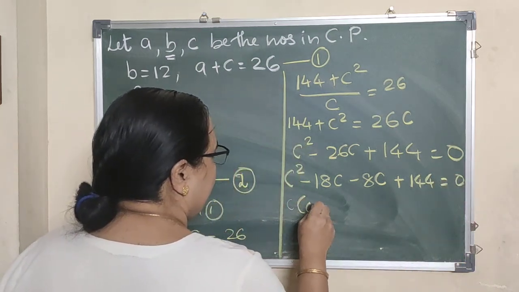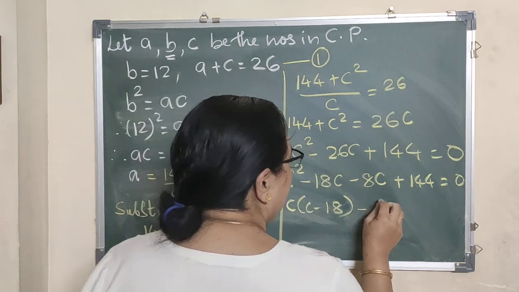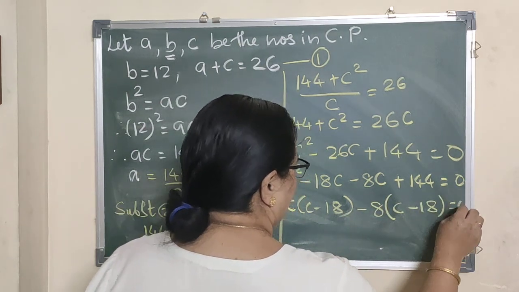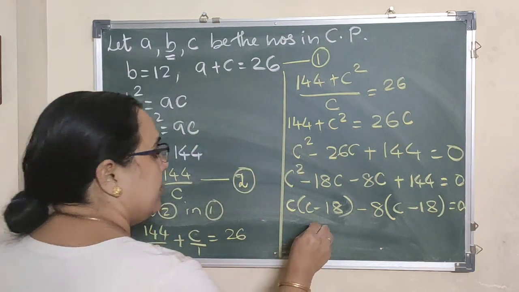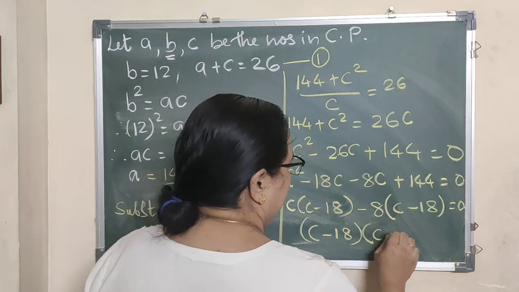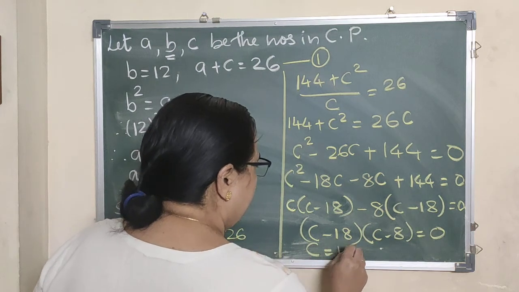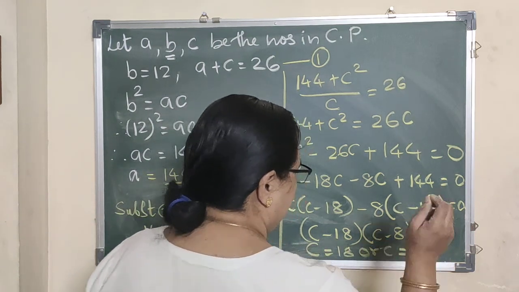So from C minus 18C, I take out C common. Here also I take out minus 8 common. So you have the factors as C minus 18 and C minus 8, which is equal to 0. So C is 18 or C is 8.